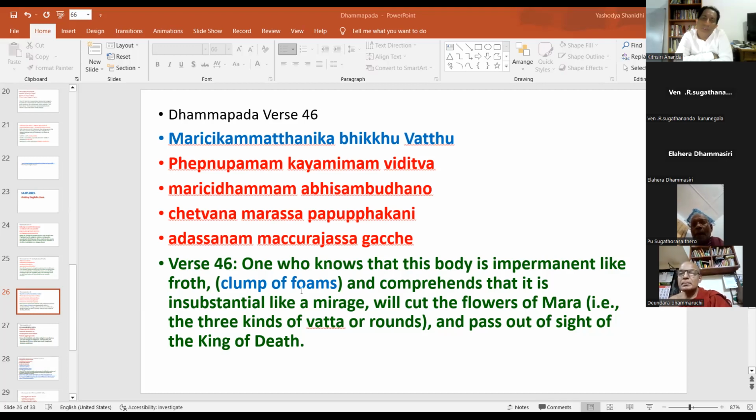So there are two different kinds of death: instant or subtle death, which is occurring all the time, and conventional death at the end of the life. Everyone gets old and ends life in death.